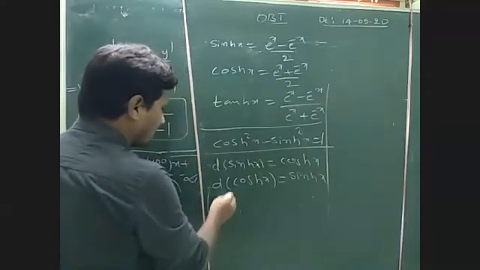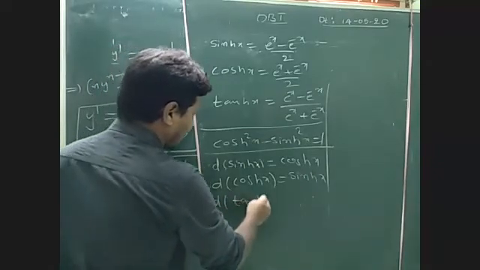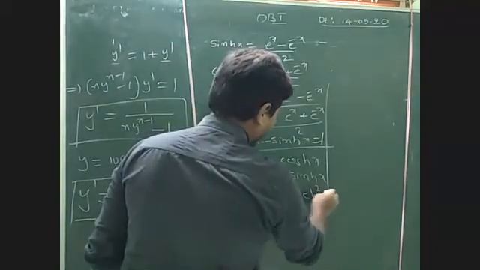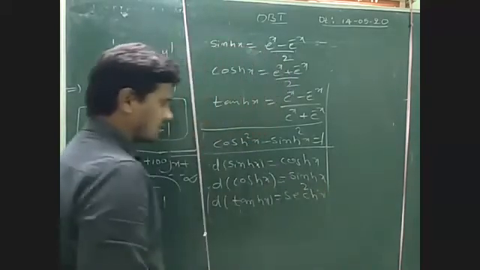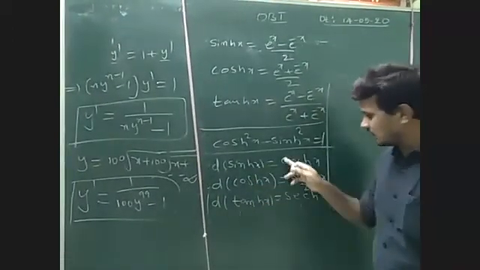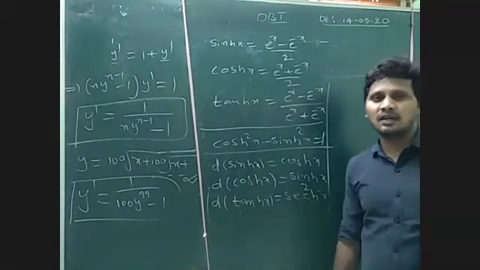And the derivative of tanh x will be sech square x. Remaining 3 derivatives: the first 3 derivatives are positive, the remaining 3 are negative.